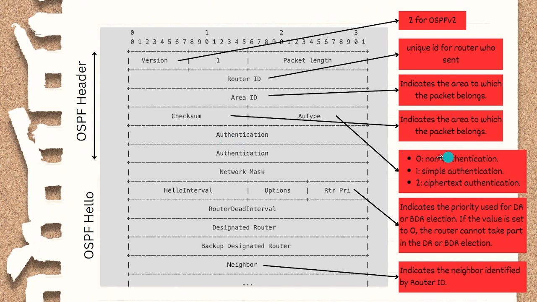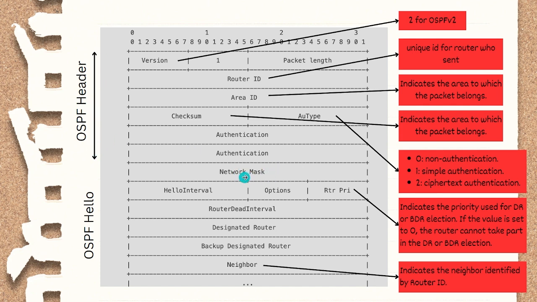For value 0, these fields will be zeros or ones, and for value 2 defined over here in AU type, it will be the ciphertext authentication method. So if the AU type is 2, the fields defined for authentication will hold the cipher of the password, which means the encrypted password will be stored over here. So these are the fields for the OSPF header.